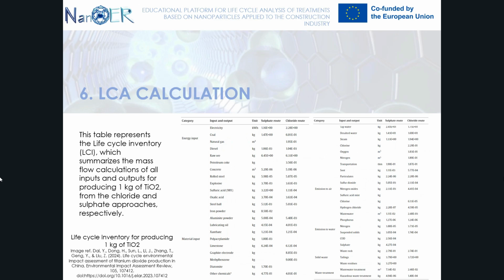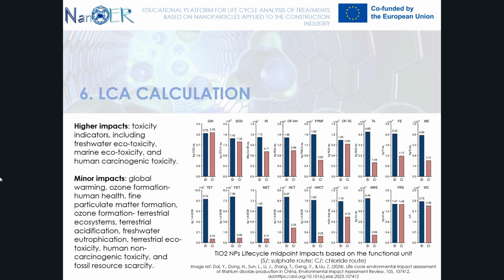titanium. This table represents the life cycle inventory, which summarizes the mass flow calculations of all inputs and outputs for producing 1 kilo of CO2 from the chloride and sulfate approaches, respectively. The normalized LCIA result of the CO2 production shows that both the chloride and sulfate routes cause higher impacts on toxicity indicators, including freshwater ecotoxicity, marine ecotoxicity, and human carcinogenic toxicity.